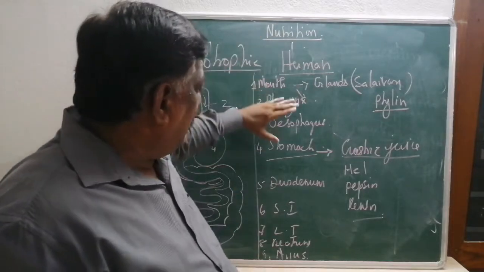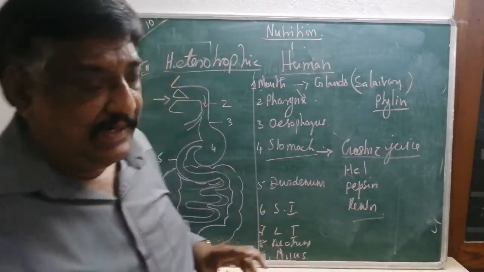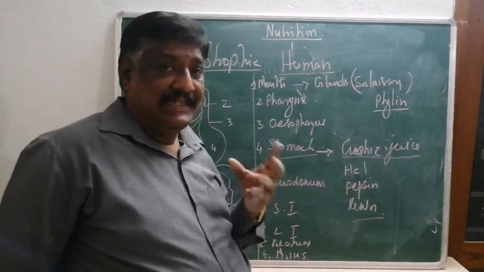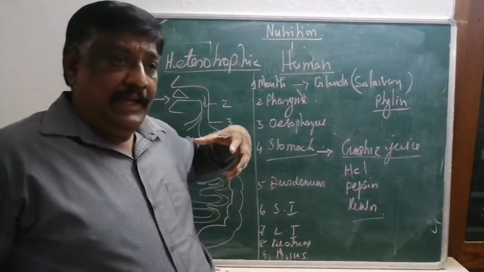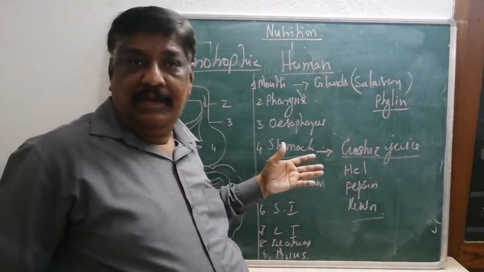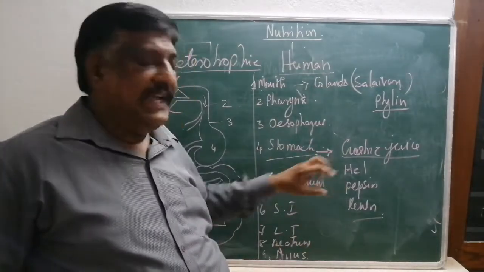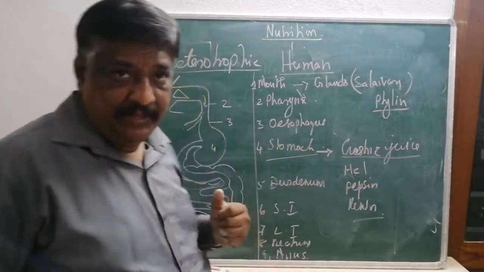And when the food reaches the stomach, first the hydrochloric acid is prepared, and this hydrochloric acid acts in two ways. One is that it can kill the bacteria and viruses which enter through the food. Okay, it's a defense mechanism. Second, it makes the stomach an acid medium.